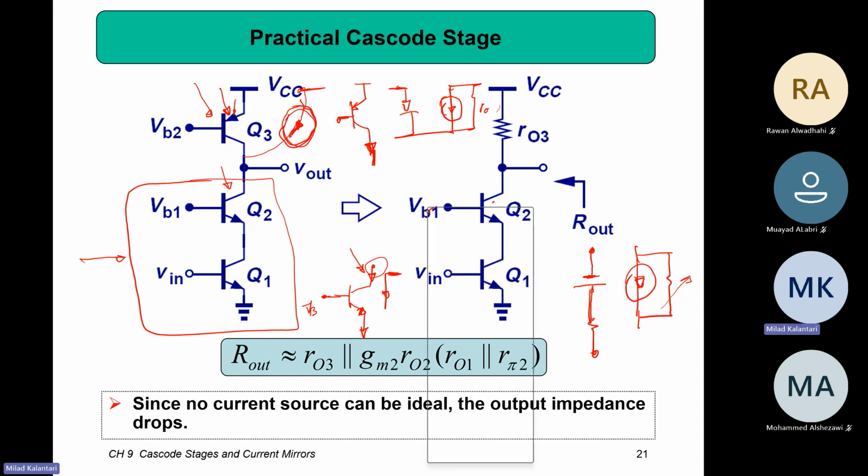So you bias this device again: the emitter is the highest voltage for the PNP, the base is biased, and it generates some current in the good direction that we want.